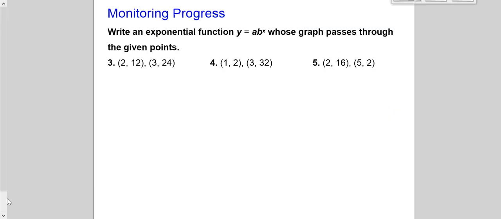Let's try it again. This time we have 2, 12, and 3, 24.